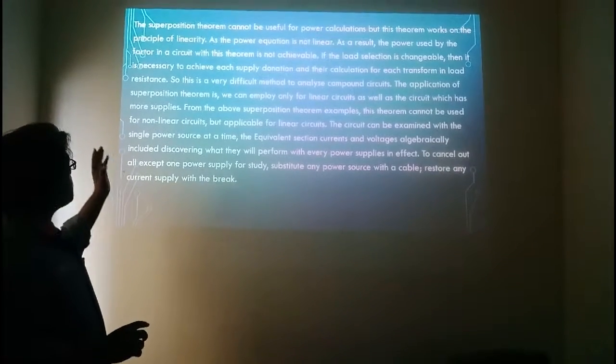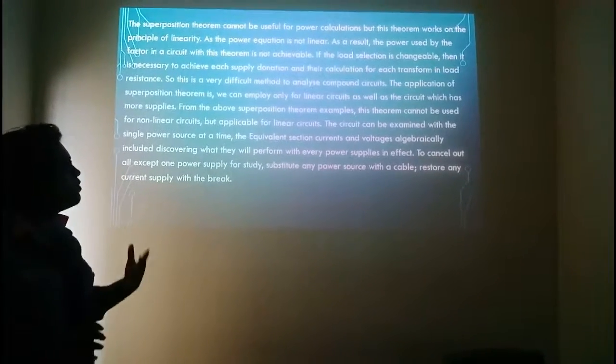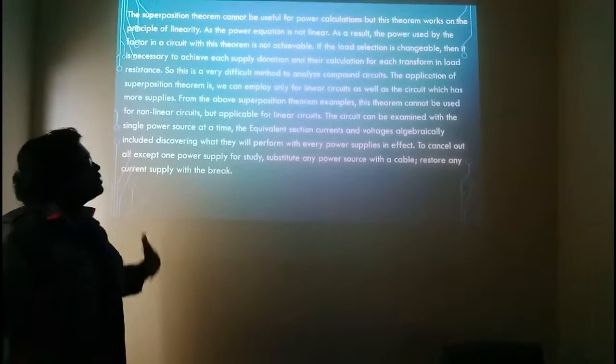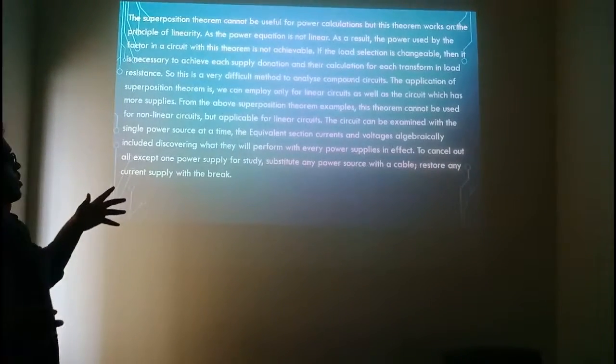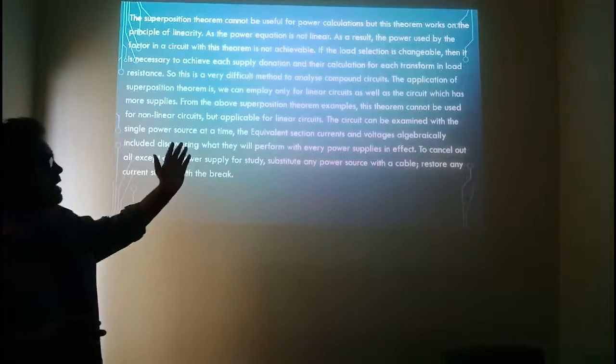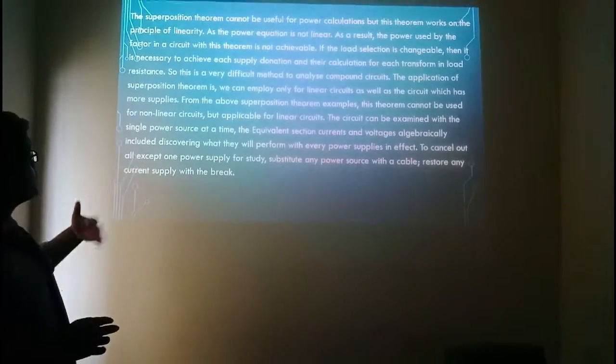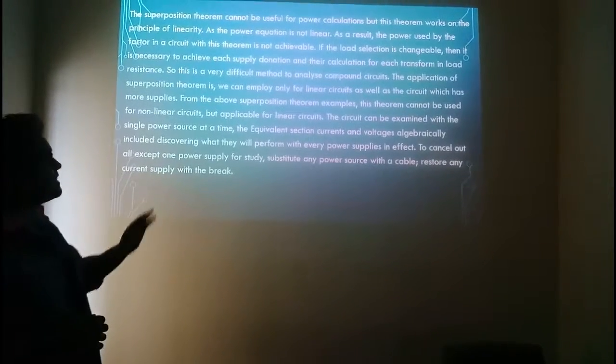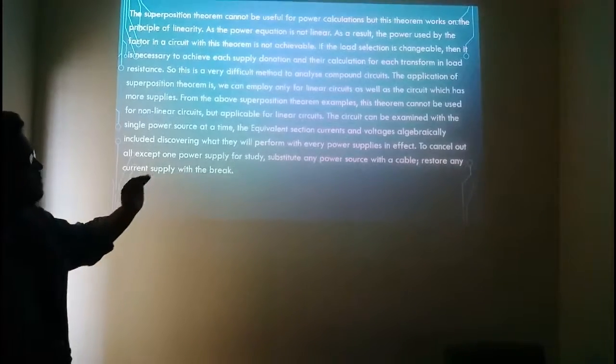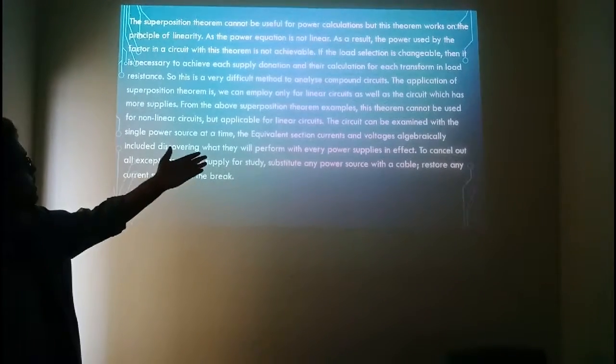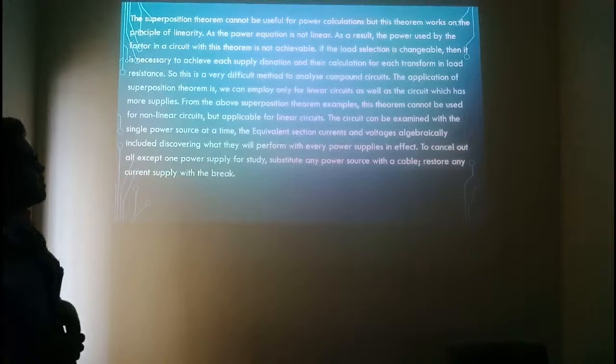The superposition theorem can be employed only for linear circuits as well as circuits which have more supplies. From the above superposition theorem example, this theorem cannot be used for non-linear circuits but is applicable for linear circuits. The circuits can be examined with a single power source at a time.